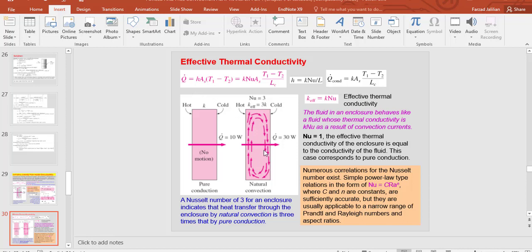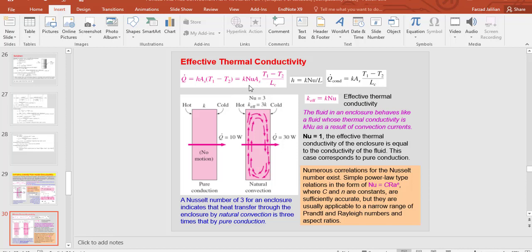If we also calculate the convection heat transfer, we should use this equation. You remember this is Newton's law of cooling. Q dot equal to h A_s (T1 minus T2). T1 and T2 are the temperatures of the surfaces, A_s is the surface area of the heat transfer, and h is the convection coefficient, which is always our question, and we should find that.